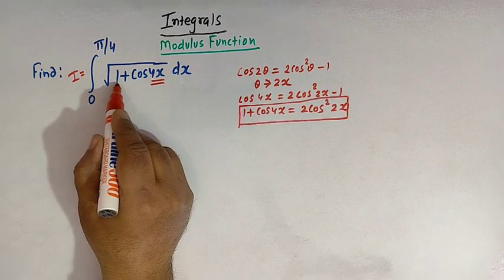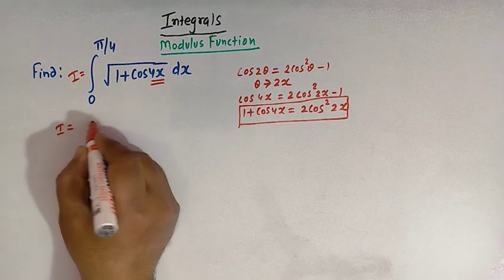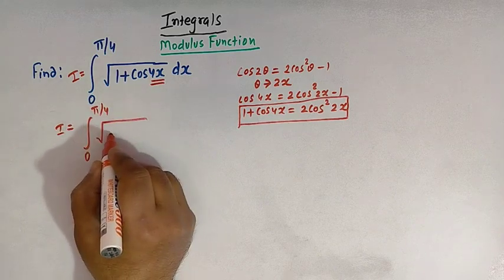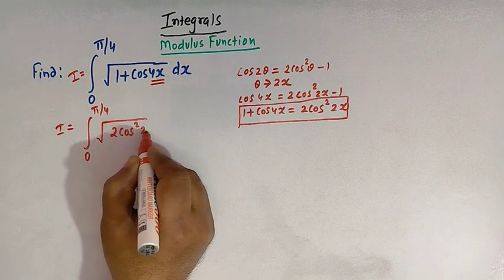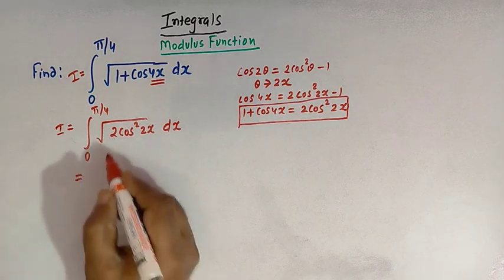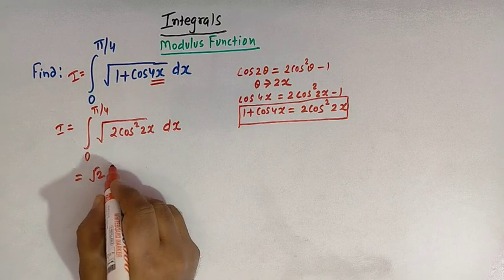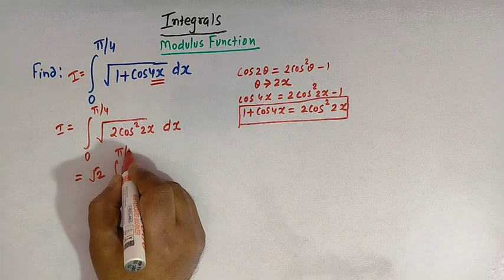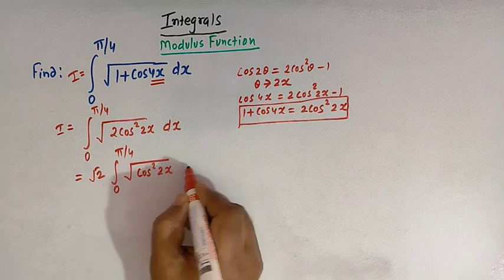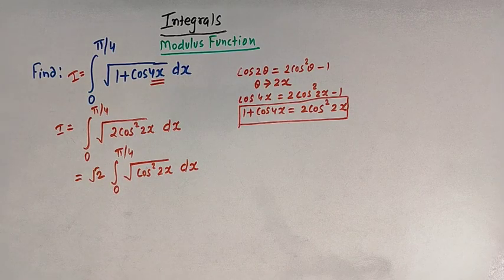Now let us replace 1 plus cosine 4x by 2 cos square 2x. We will get the integral from 0 to pi by 4 of the square root of 2 cos square 2x dx. Now let us take square root of 2 outside the integral sign, because it is a constant, so we have 0 to pi by 4, and the square root of cos square 2x dx. Now here comes the role of the mod function.